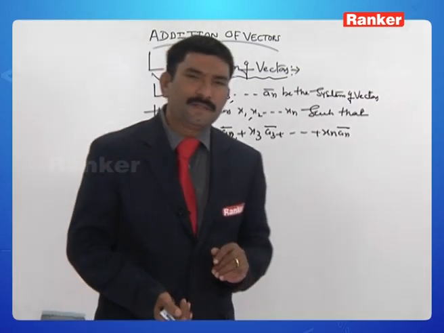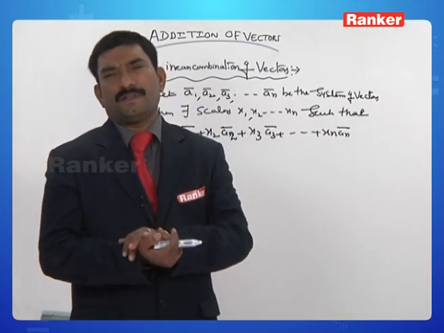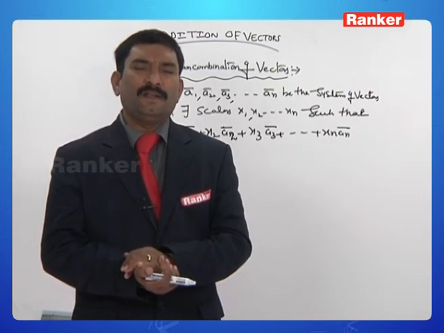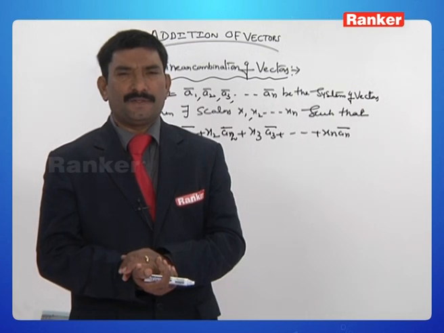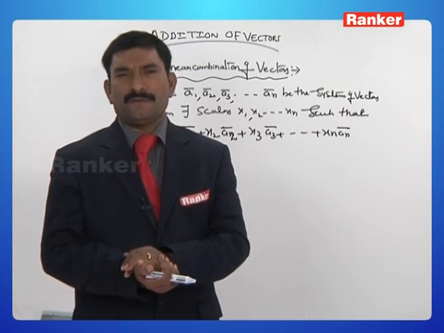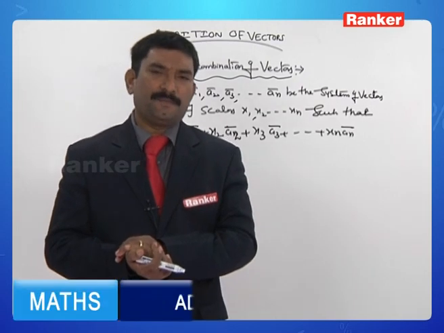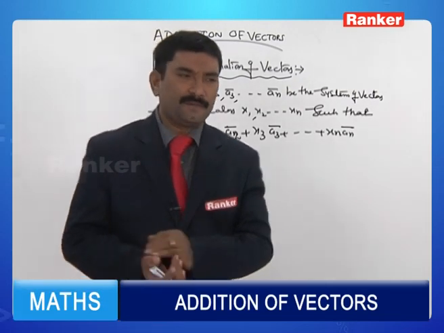Under this, after knowing the linear combination of vectors, we come across two applications: one is linearly dependent and the other is linearly independent. Let us see what it is.